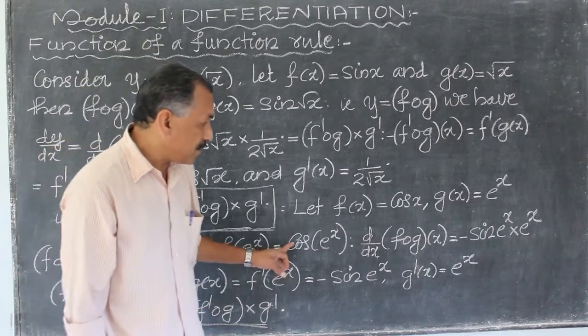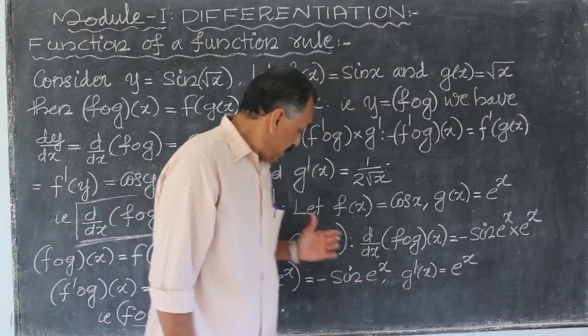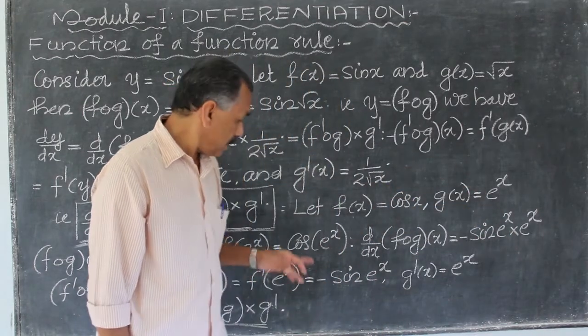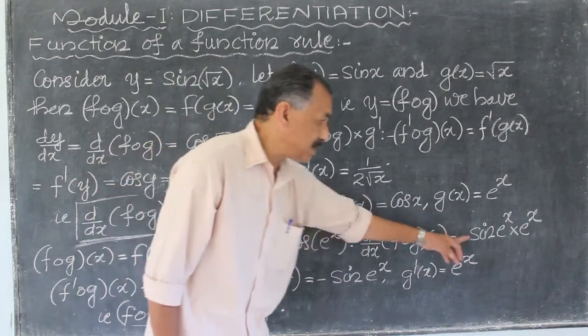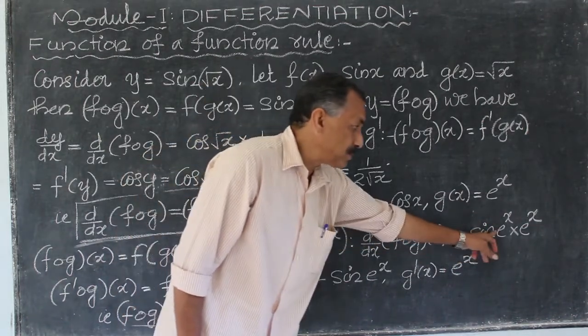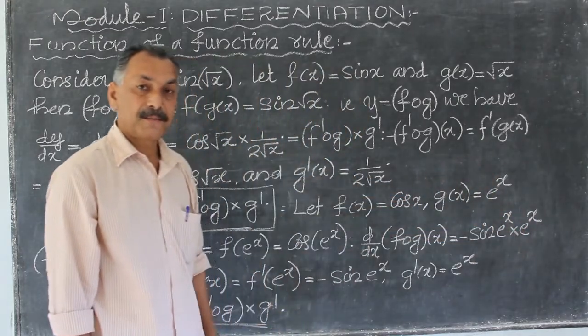The derivative of cos is minus sin e raised to x, into the derivative of e raised to x, which is e raised to x. So the derivative of cos of e raised to x is minus sin u, that is minus sin e raised to x, times the derivative of e raised to x, e raised to x.